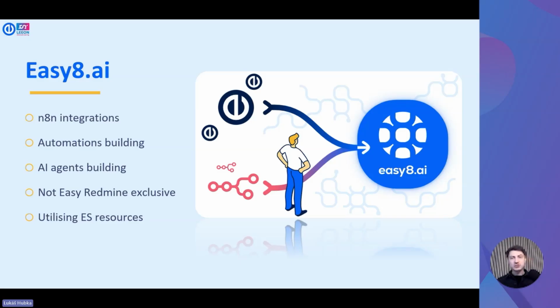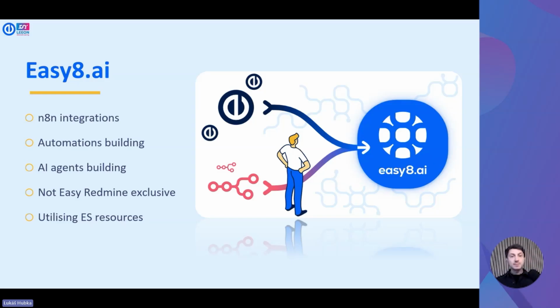Since we realized that there are so many companies struggling with AI adoption, or just utilizing AI to build automations and integrations, we created an Easy Software spin-off and called it Easy8. It's a group of Easy Software employees that have dedicated a lot of their time to AI in general.